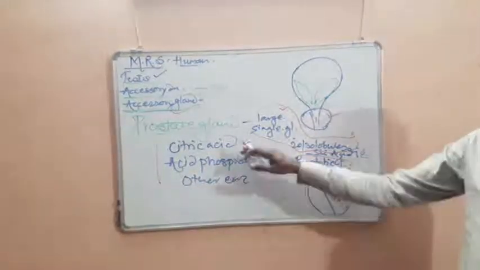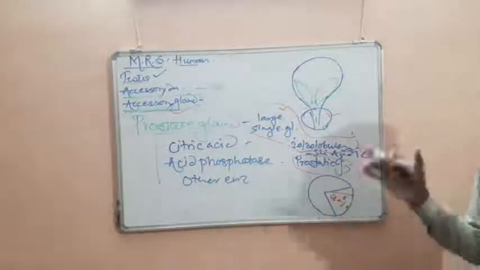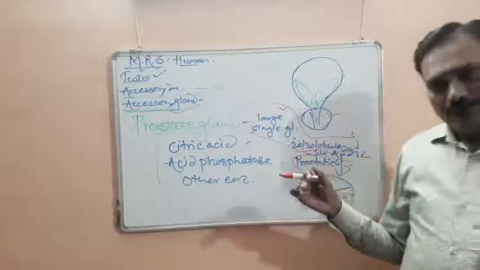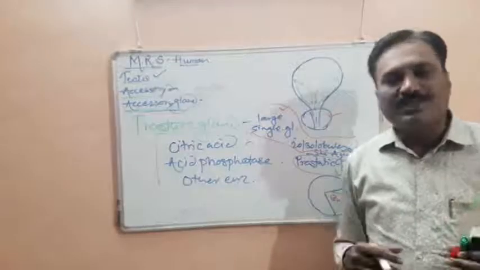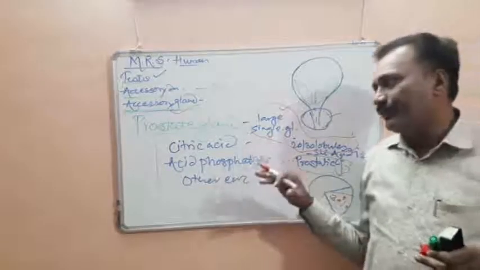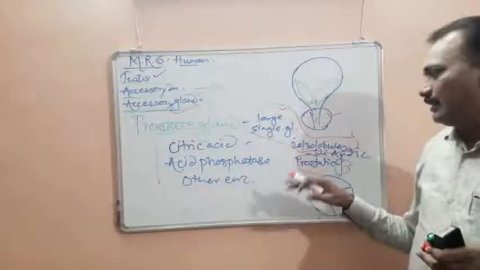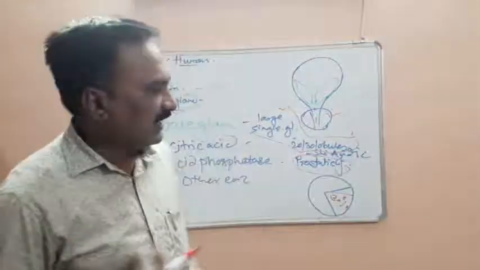So this acidic nature of the prostatic fluid is useful for the process of reproduction, because in the region of the vagina there is also acidic fluid. So this acid phosphatase is useful for, or it favors, successful fertilization.